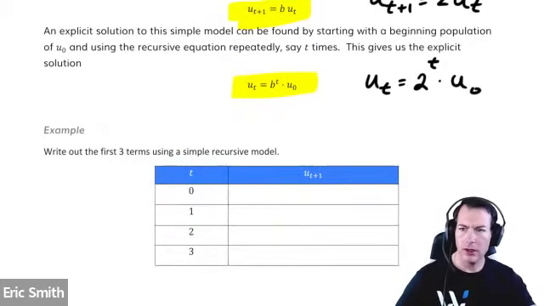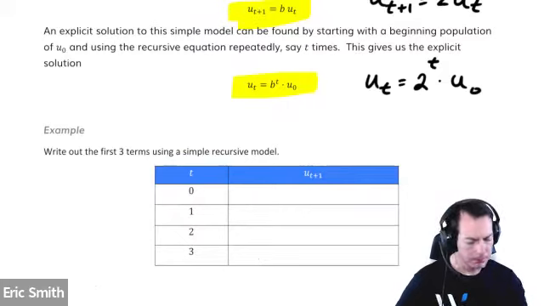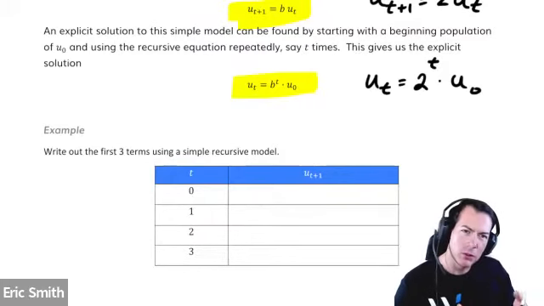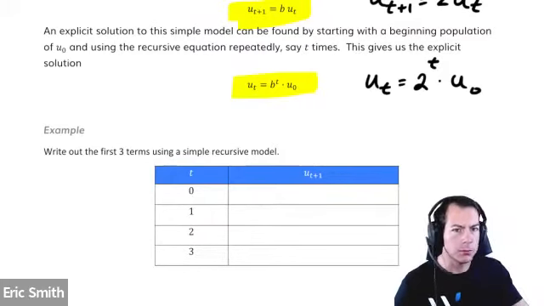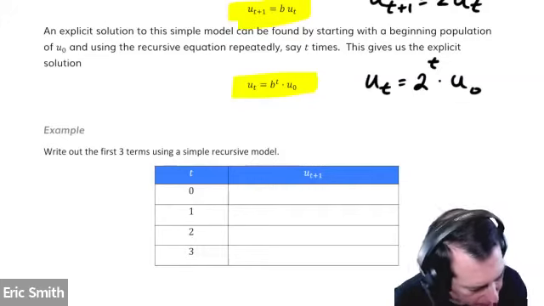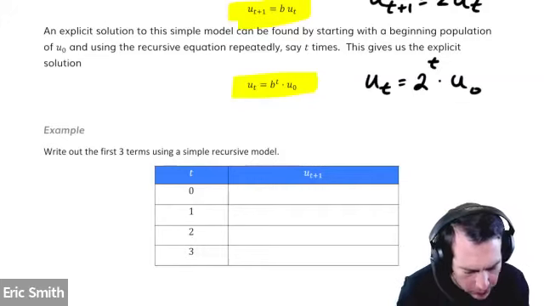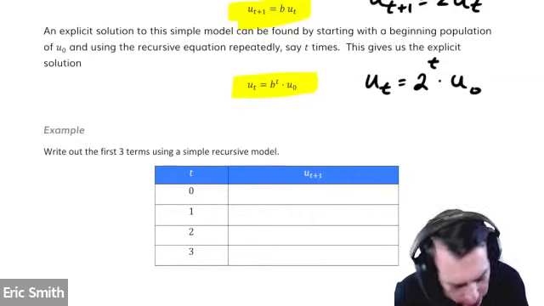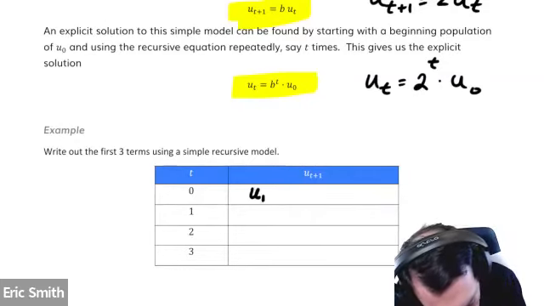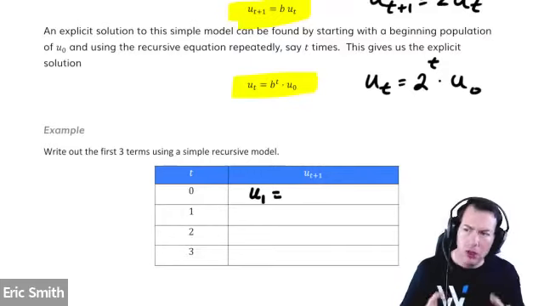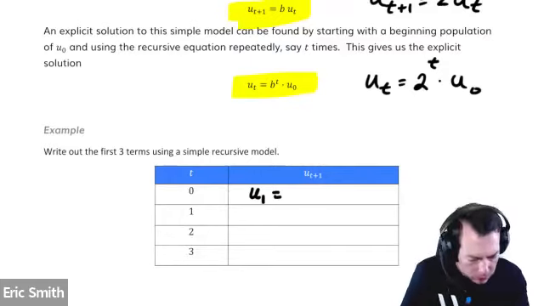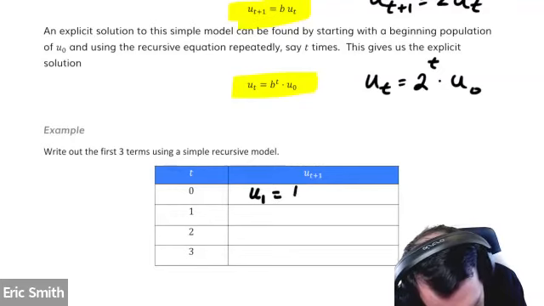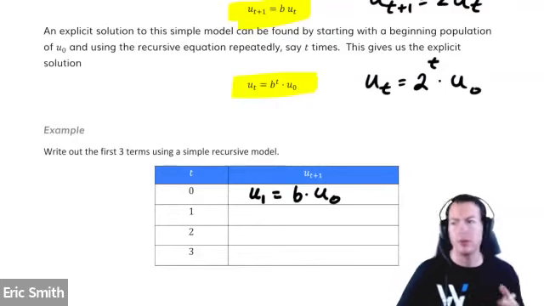So imagine starting off with one of these simple models, and you'll see that we start to stack up those b components. If I started at time 0 and wanted to figure out the next generation, U1, I could go back up to my rule and say this is based off of b times the previous generation, so b times u sub 0.